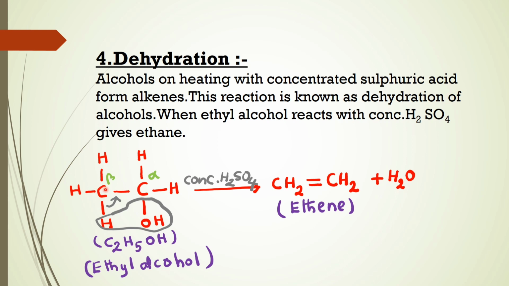One hydrogen from the beta carbon and OH from the alpha carbon are removed when ethyl alcohol reacts with concentrated H2SO4. So H and OH form H2O, and this bond becomes a double bond between these two carbons. This is CH2 double bond CH2 or C2H4, ethene.